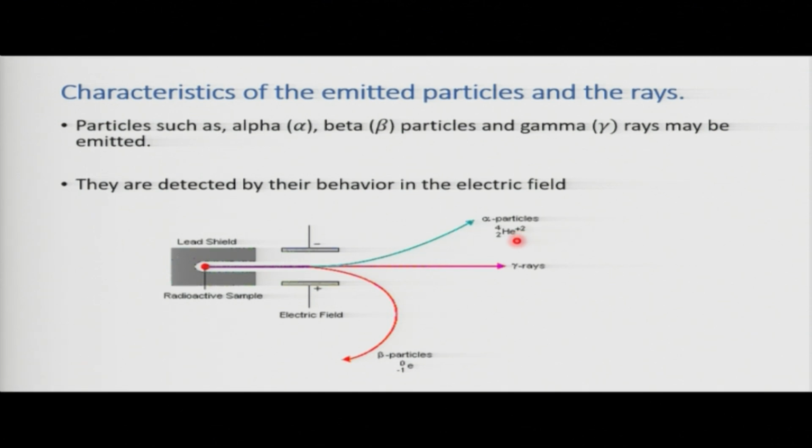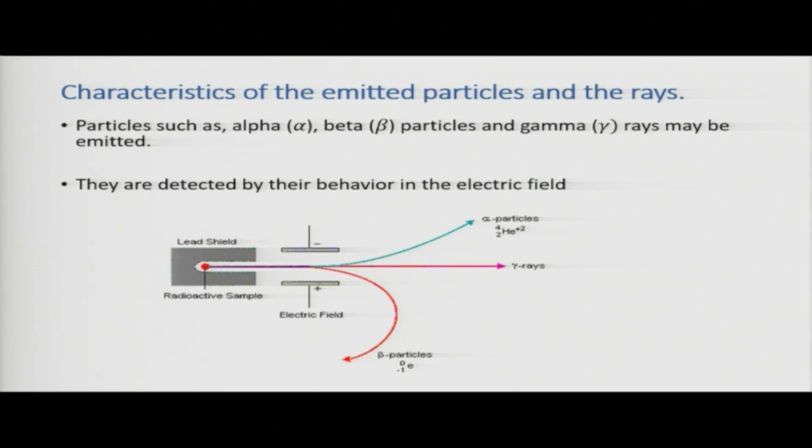It is a helium particle, so it has positive protons which will be attracted to the negative side. Beta, which is an electron, is always attracted to the positive side because the positive attracts the negative. And the gamma ray is not charged at all, so it is not affected within the electric field. It goes straight.